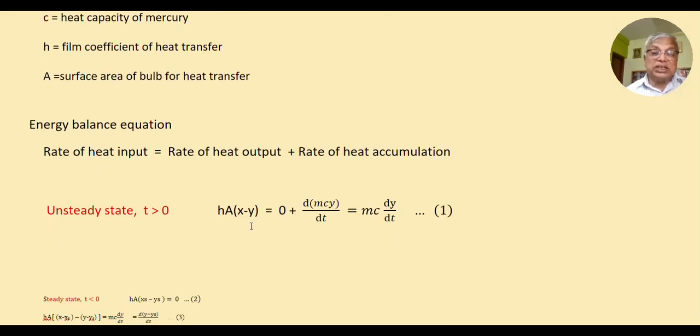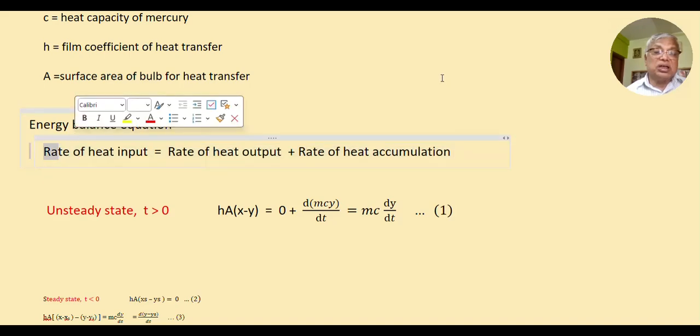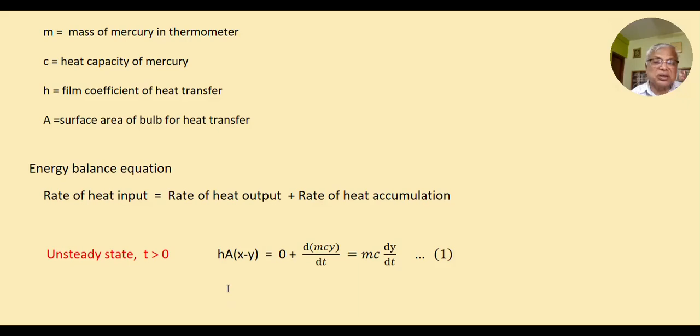So HA into (X minus Y) is going to be the rate of heat input.